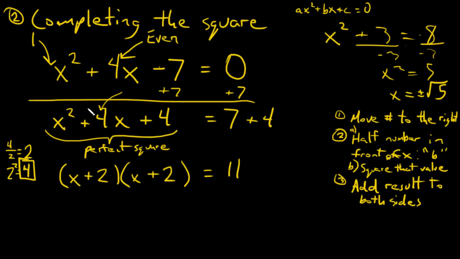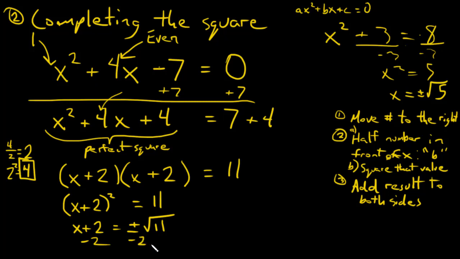So these are exactly the same, so I can rewrite that as x plus 2 squared equals 11. See where I'm going with this? Now the square root method kicks in. I take the square root of both sides, so x plus 2 equals plus or minus root 11, minus 2, x equals negative 2 plus or minus root 11.